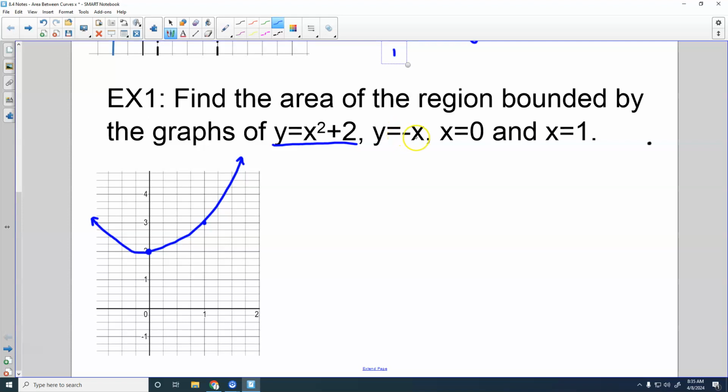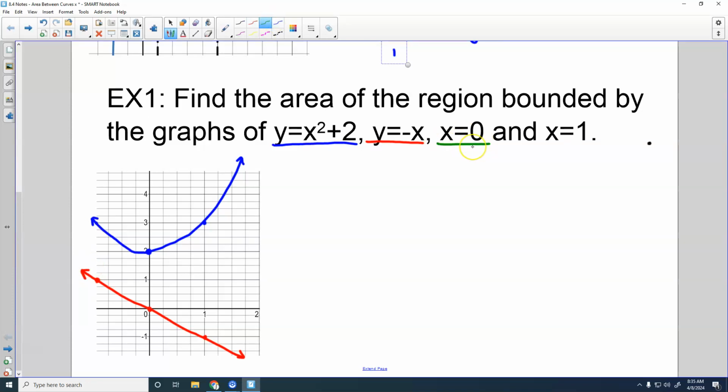And then I've got y equals negative x. What does that look like? It's linear, right? It's got a slope of negative 1. It doesn't look quite as steep because of the scale on this graph, but it'll look like this.